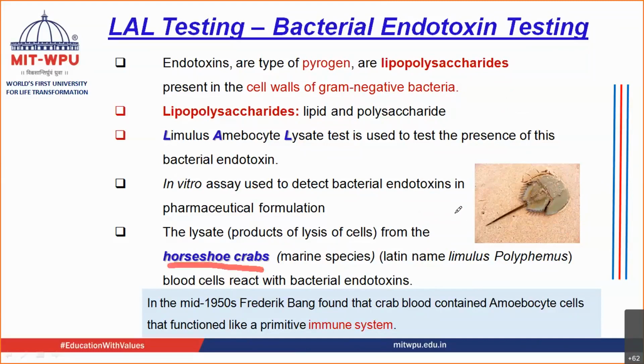This is a marine species, having the Latin name Limulus polyphemus, and from this the word Limulus has come. It is commonly known as the horseshoe crab.